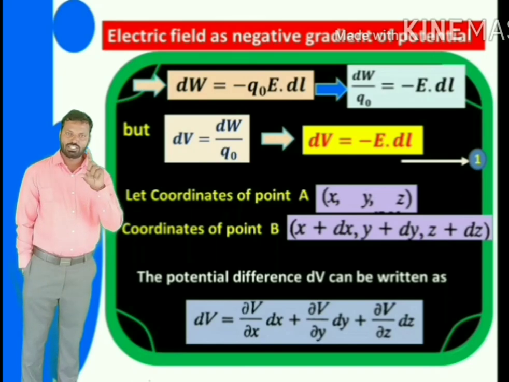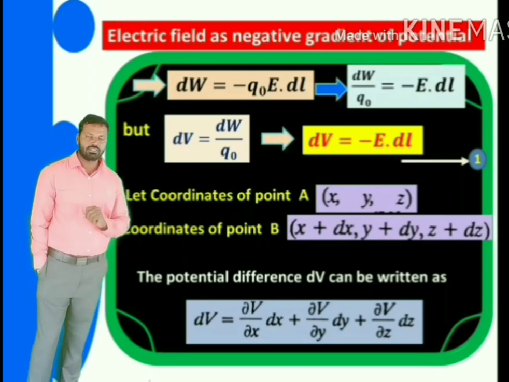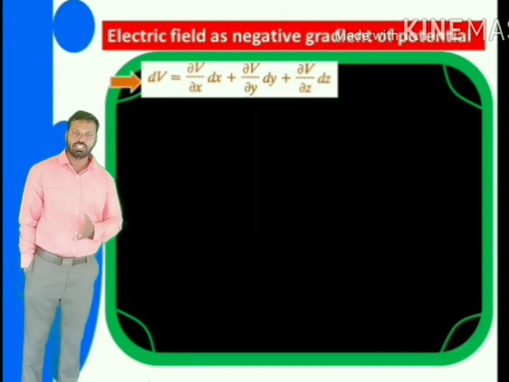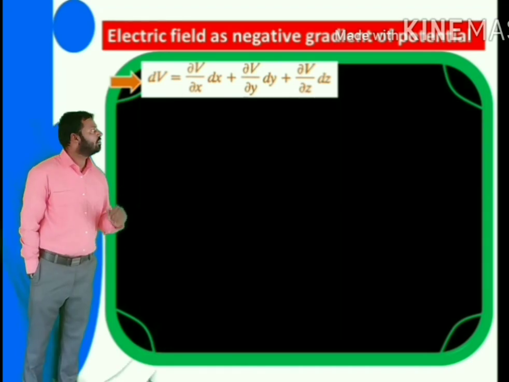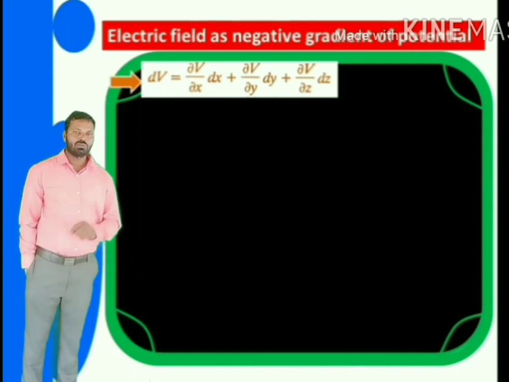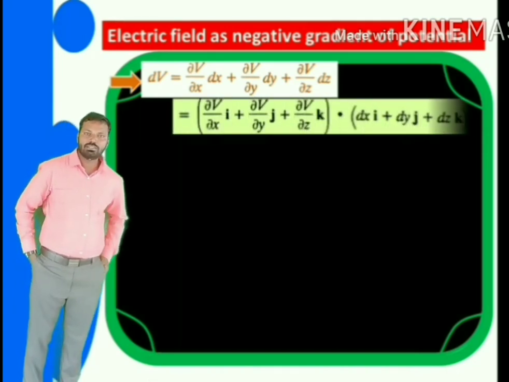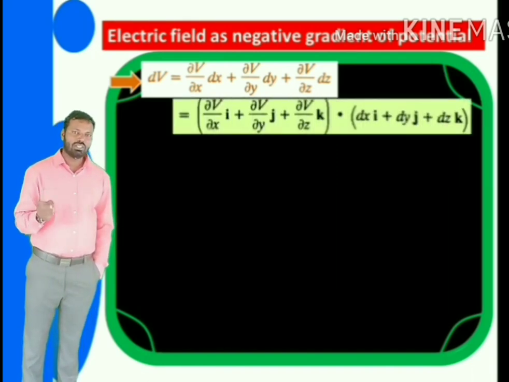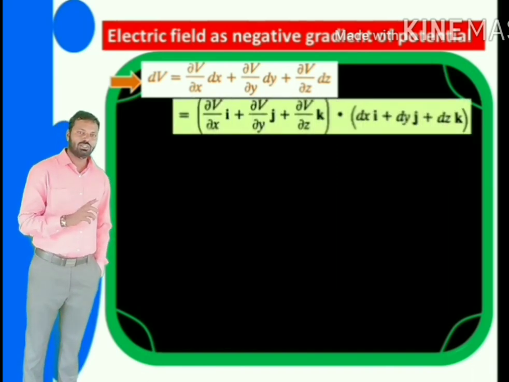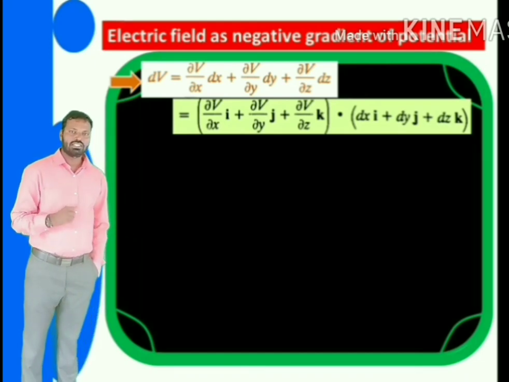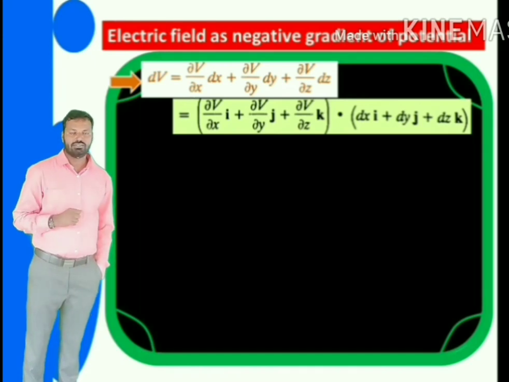Actually, dou V by dou x, dou V by dou y, dou V by dou z are partial differentiations. Now this equation I can split into two parts: dou V by dou x into i plus dou V by dou y into j plus dou V by dou z into k, dot dx i plus dy j plus dz k.